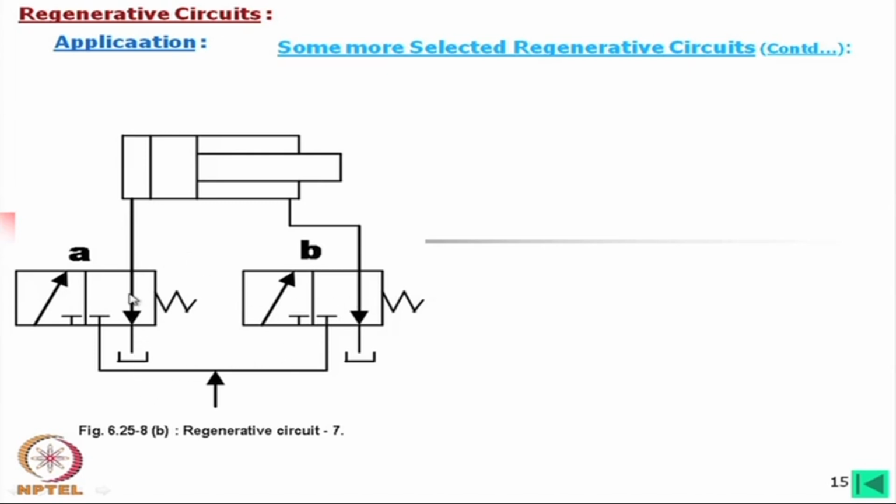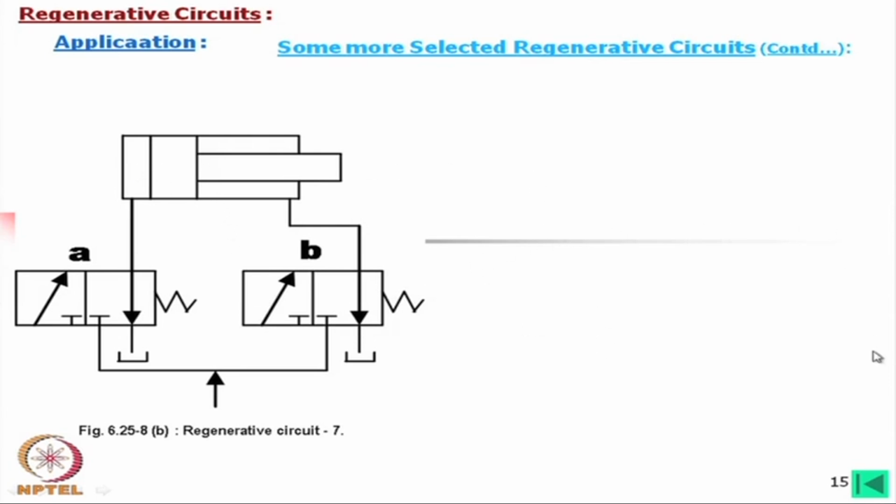Now, let us consider B is in this position and A is connected, that means we have connected this way, then what will happen? Oil will go to this side and it will be back through this valve B. This means normal forward operation.